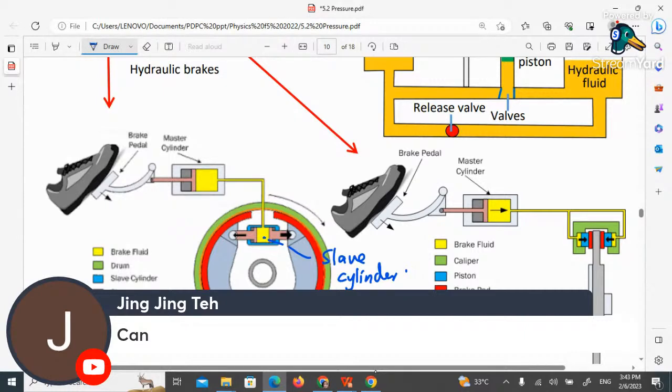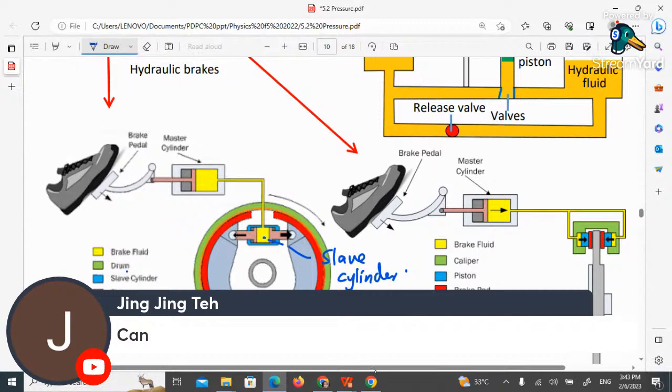The yellow color is the oil or brake fluid. So it will push the piston so that the brake shoes will move closer or compress to the drum. So this will produce friction that is able to stop the car.